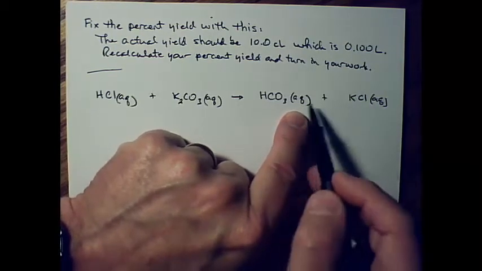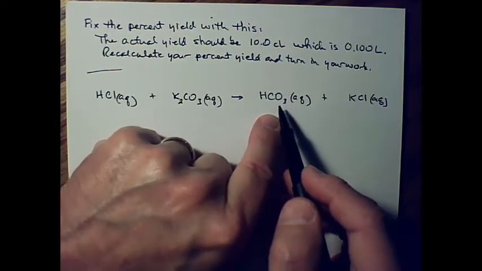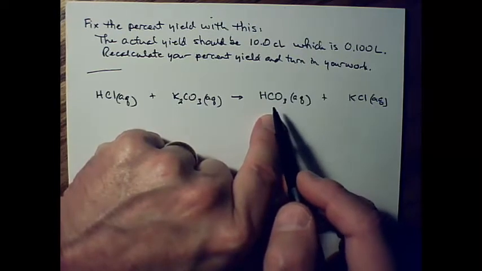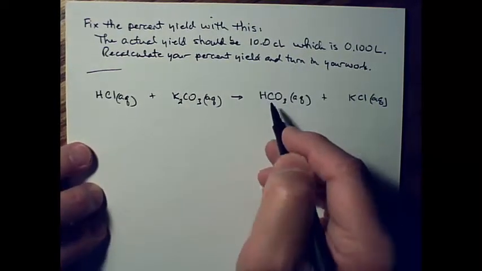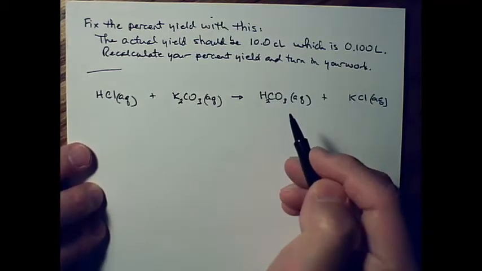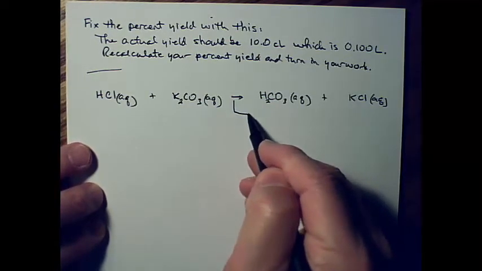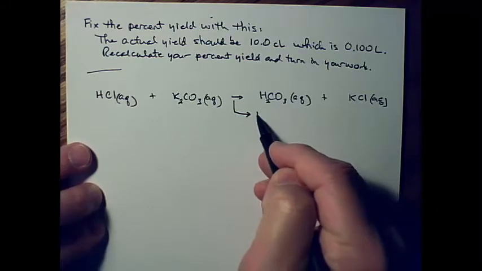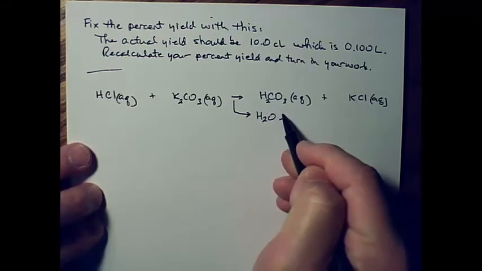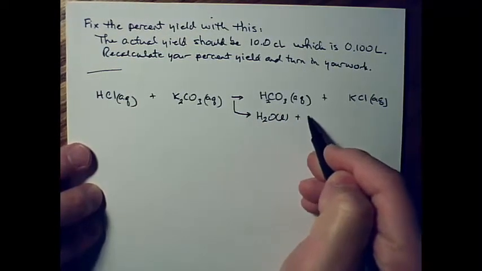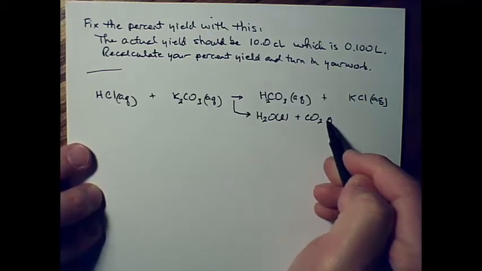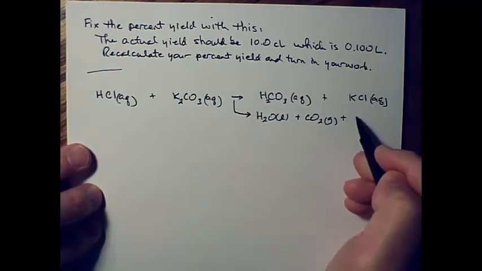So right now it looks like we're not going to have a driving force, but like I said, bells and whistles should be going off when you put hydrogen with carbonate, and you should know that's really carbonic acid, and it immediately breaks down. So really, instead of these products, this is going to break down into H2O, which is a liquid, there's your driving force, and CO2, which is a gas, and there's another driving force, and KCl.